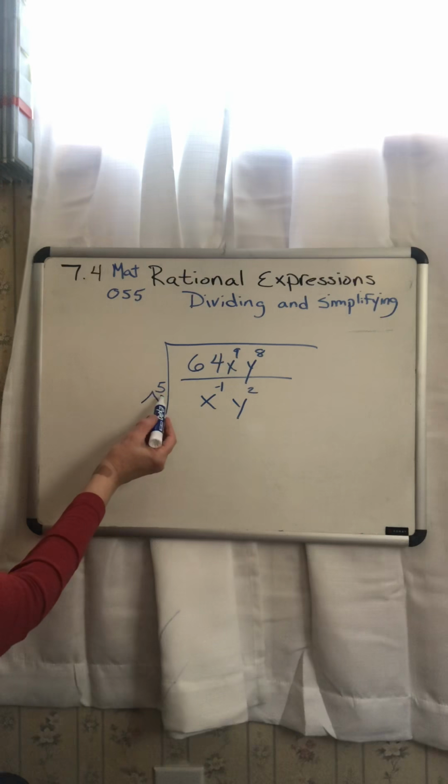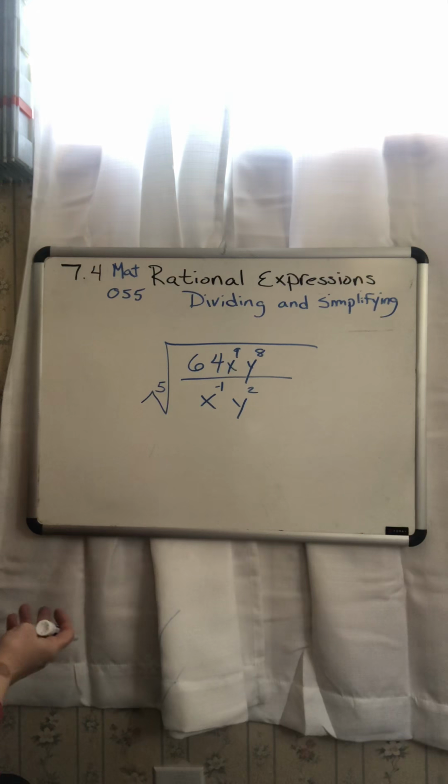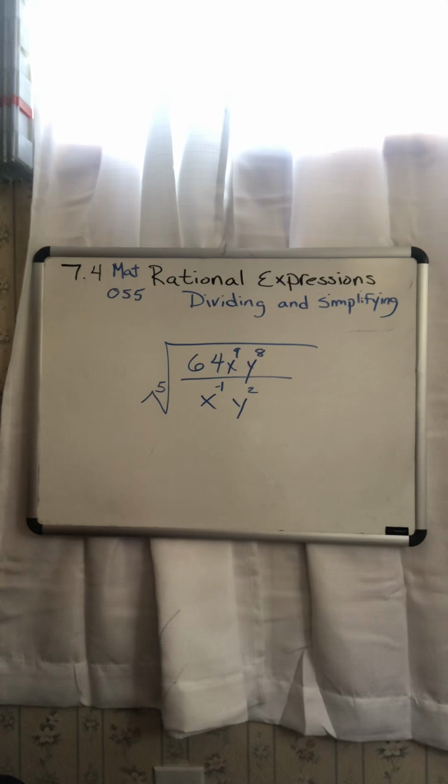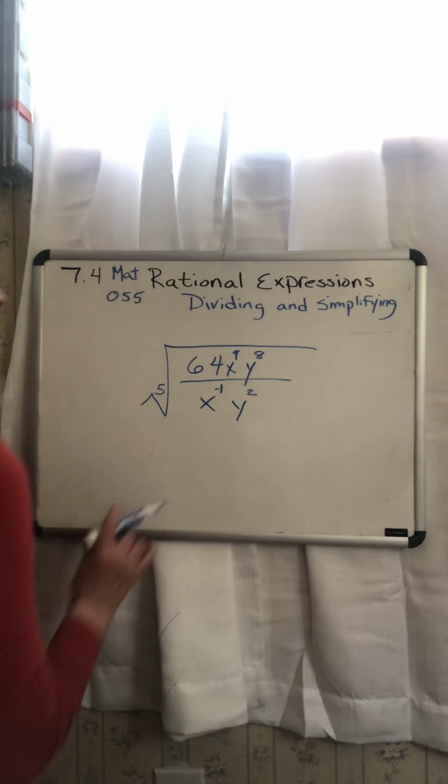Okay, so the clue here is it's the 5th root. So if we were to go ahead and divide, we could get rid of that denominator. So let's do that first.